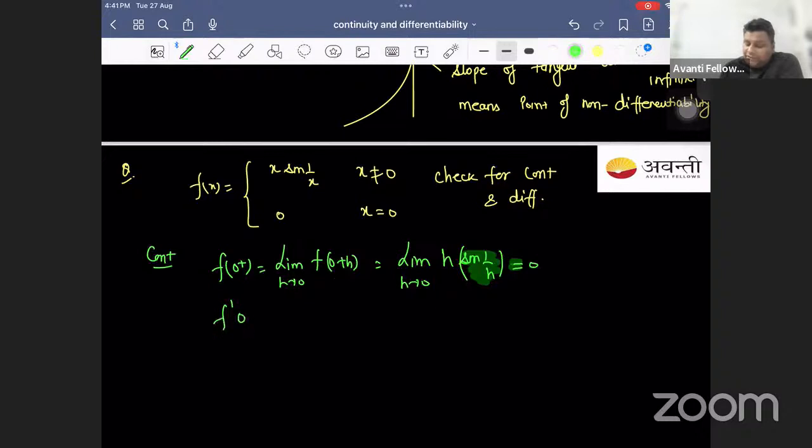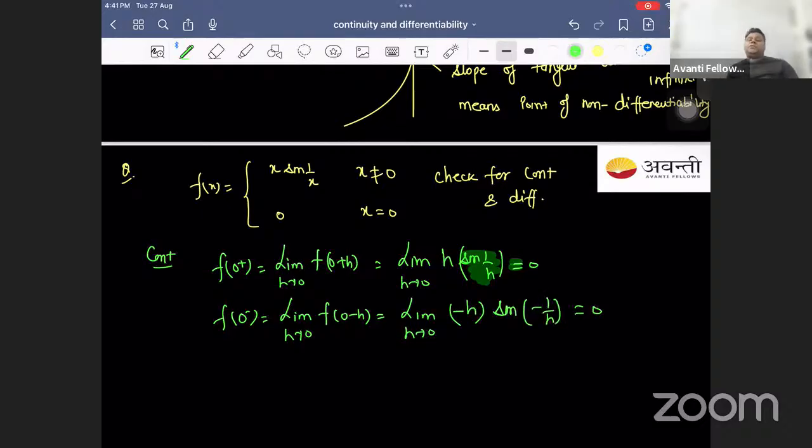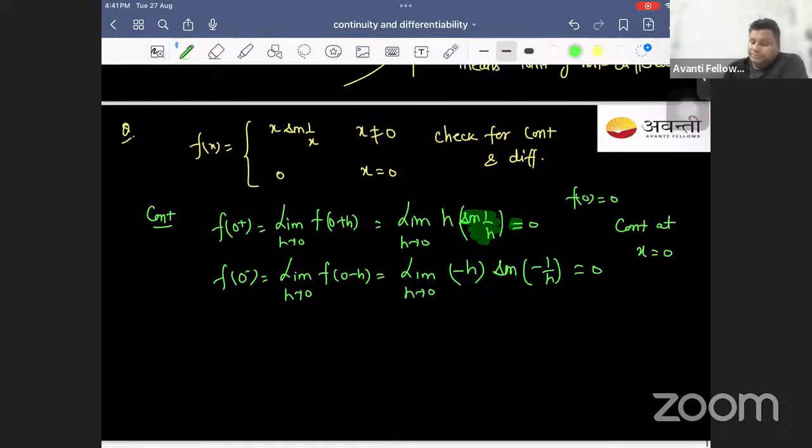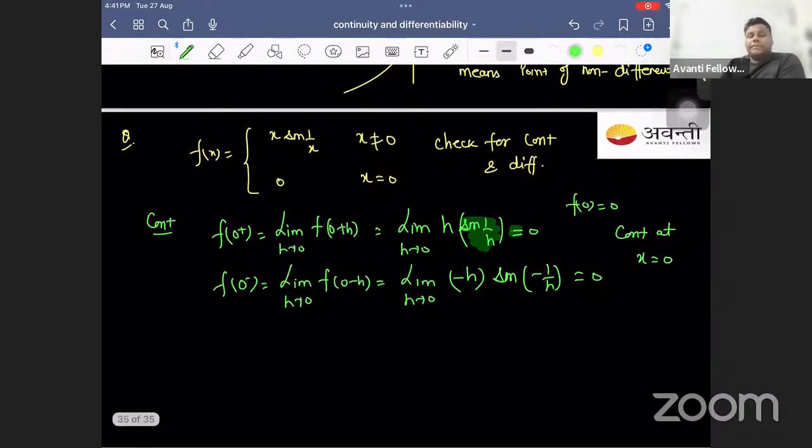Similarly, f(0-) is the limit as h approaches 0 of f(0-h), that is (-h) sin(-1/h). This value is again going to be 0 for the same reason. Am I clear? So it is continuous, since f(0) is given as 0. It is continuous at x = 0. Got it?